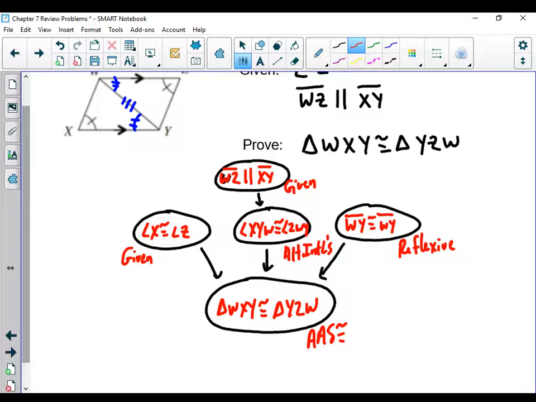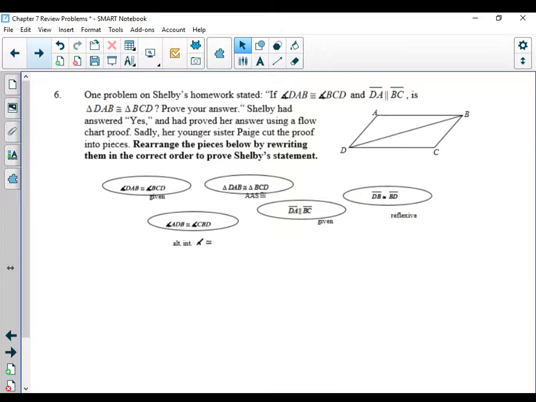All right, so those are just some review problems, some things to think about before you take your test. Now, one of the problems on the test, I just want to be clear on the instructions. When you get to the test, on problem number 6, they gave us some information. They wanted us to prove the 2 triangles are congruent in the picture.